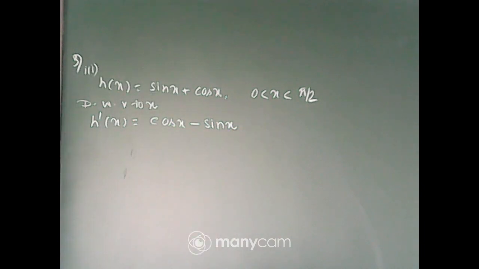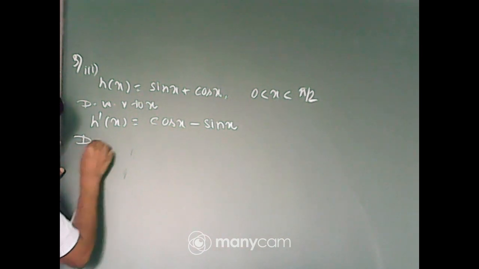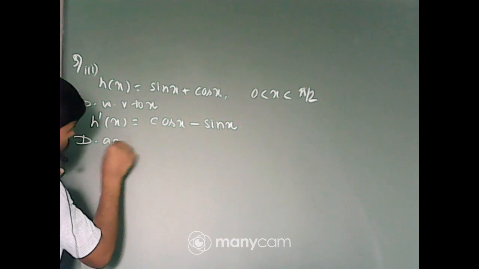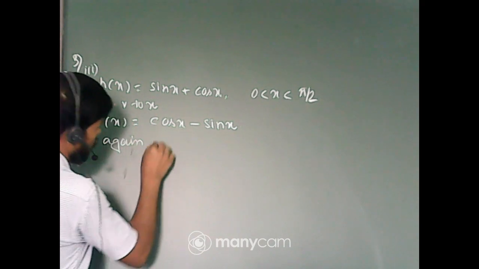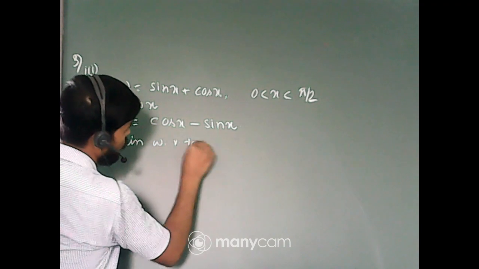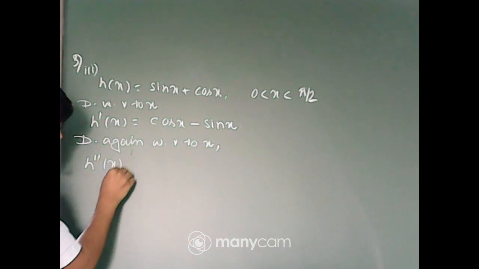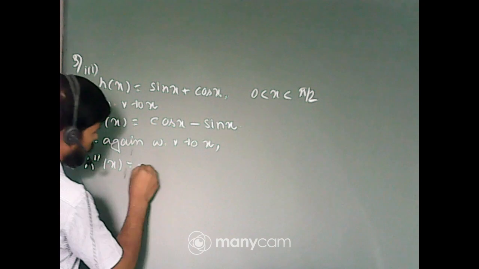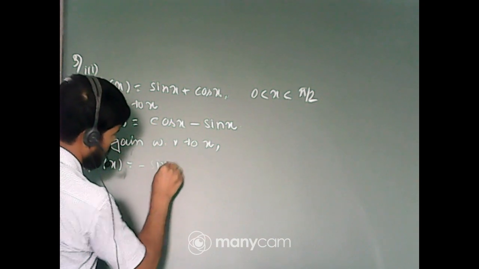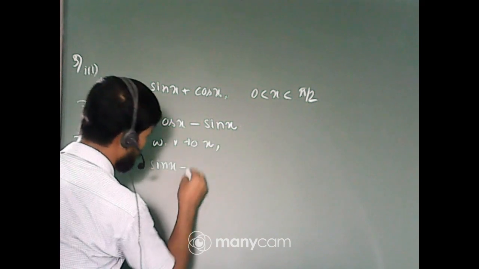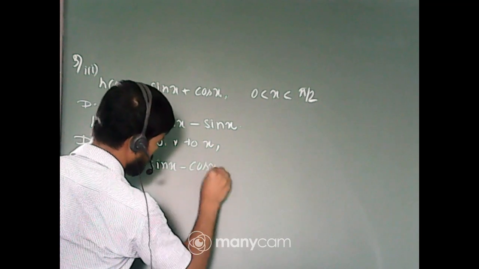Now differentiate again with respect to x, so we have h double dash x is equal to minus sin x minus cos x.